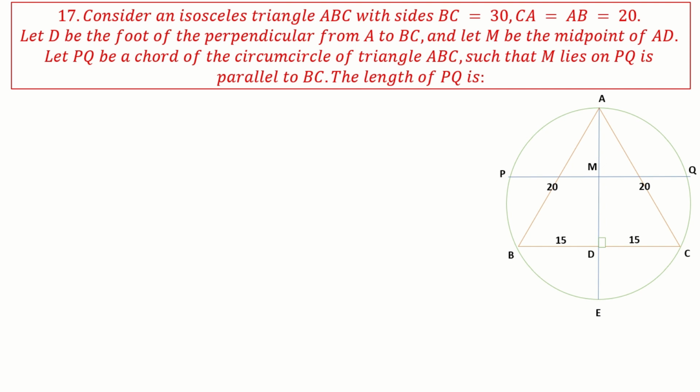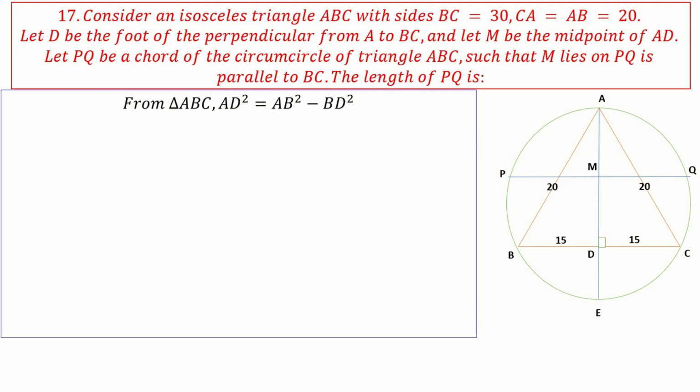One thing is clear: PQ is divided into two equal parts, PM and MQ. Because PQ is parallel to BC and AD is bisecting BC, AD will bisect PQ also, because it is in the circle.